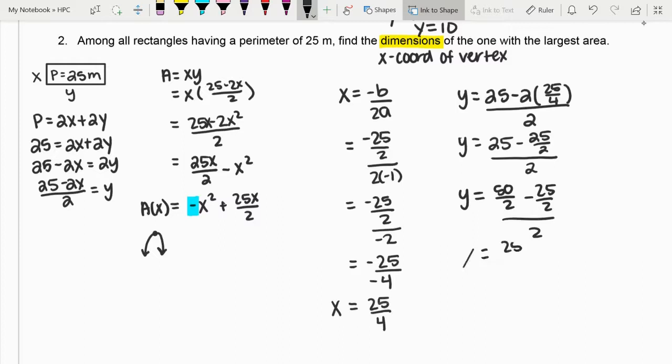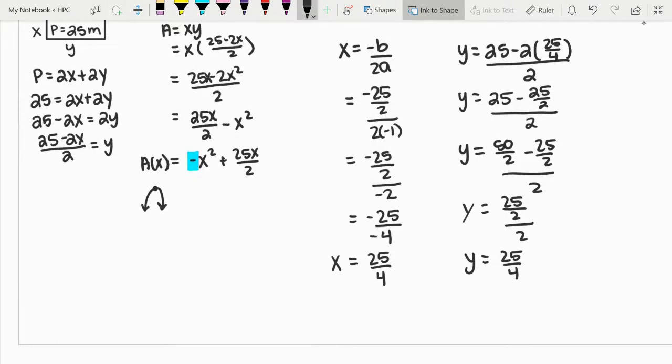Y is equal to 25 halves over 2. So last, y is equal to 25 over 4. So the dimensions of this rectangle are actually going to be 25 fourths meters by 25 fourths meters.